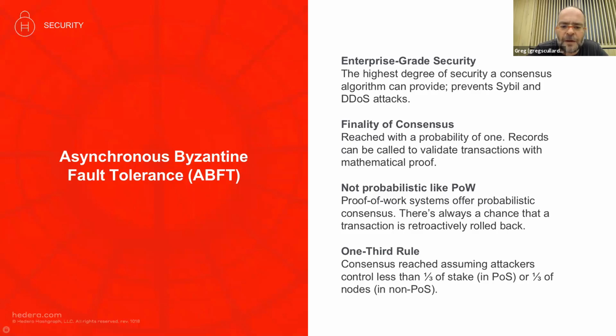So the Hashgraph algorithm can be deployed in a non-proof of stake system, and this is the case in the private Swirlds implementation.